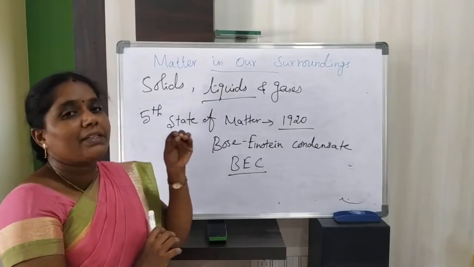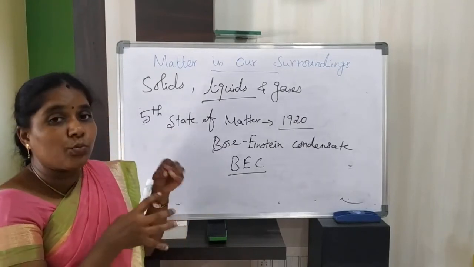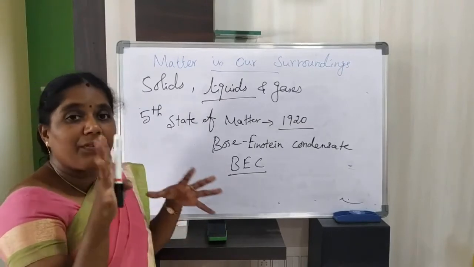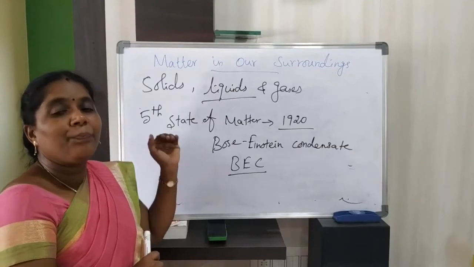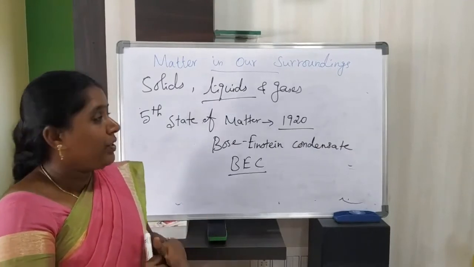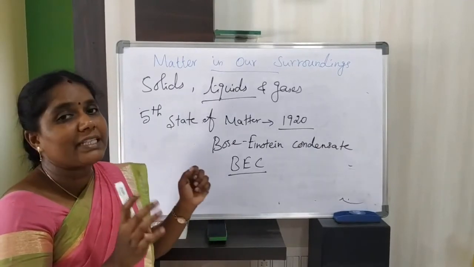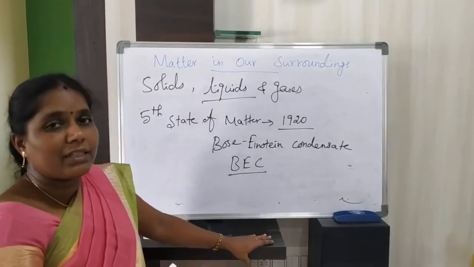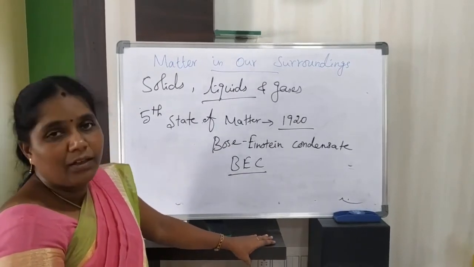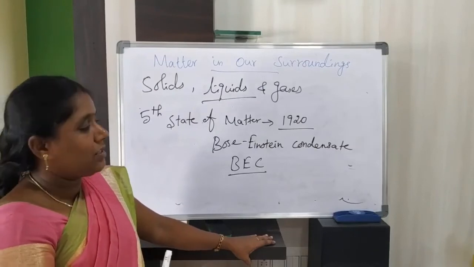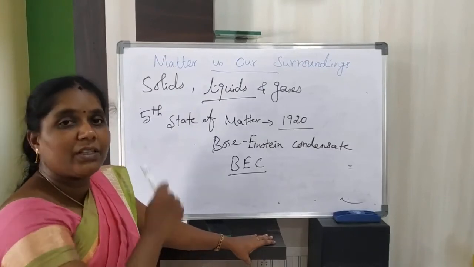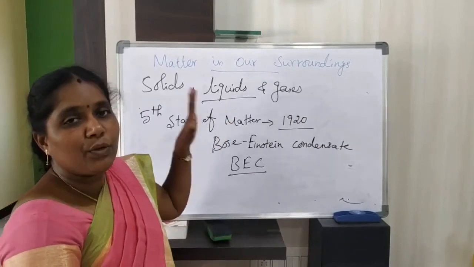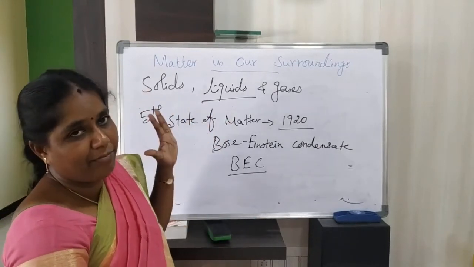He made that super cooled temperature at low density, and he prepared this matter, the fifth state of matter, Bose-Einstein condensate. In 2001, three American scientists received the Nobel Prize for Bose-Einstein condensation. So generally we call this the fifth state of matter.